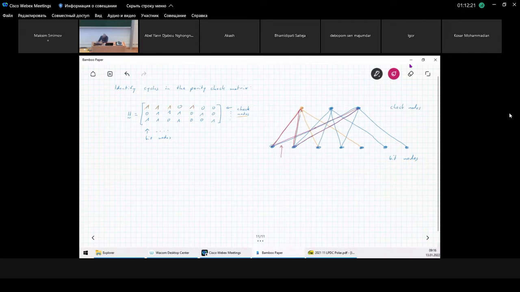In red, we have this cycle. The path here, back again to the origin.